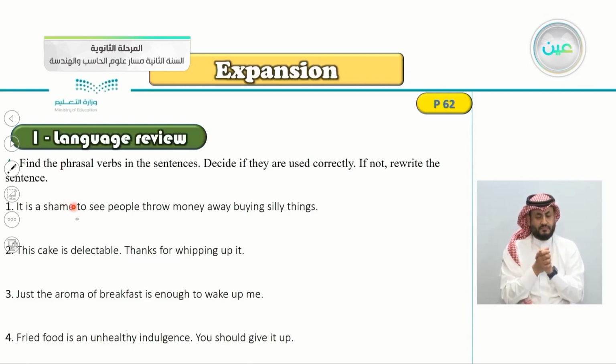The phrasal verb is to throw away, and the object is money. So is this correct or do we need to correct it? To throw money away, it is correct. It is a shame to see people throw money away buying silly things.